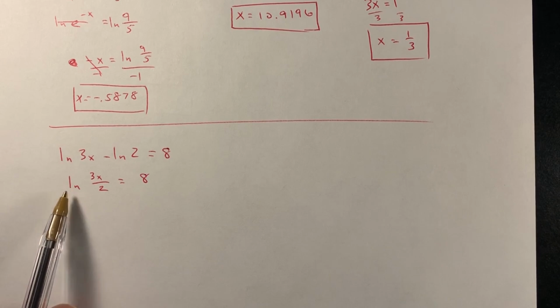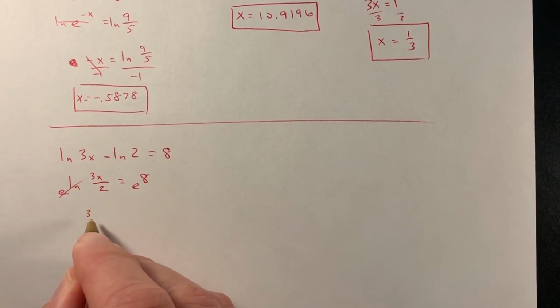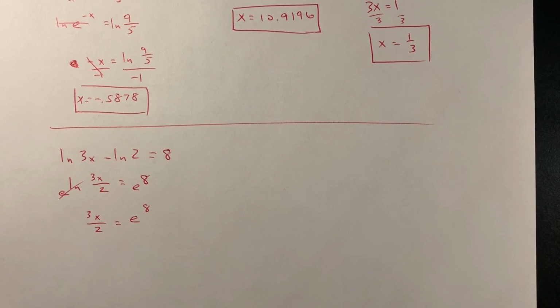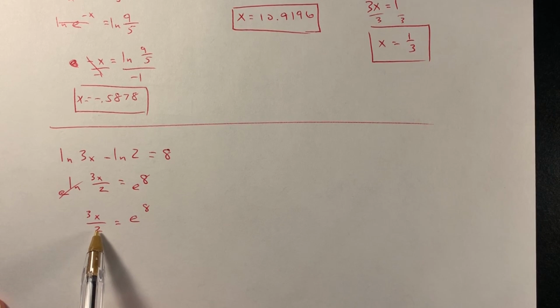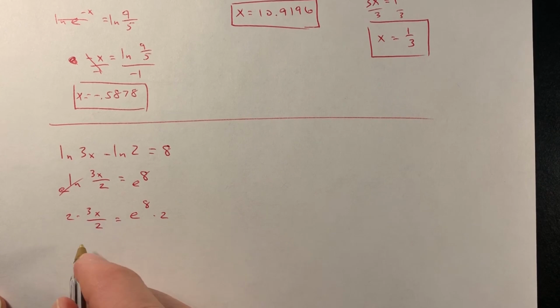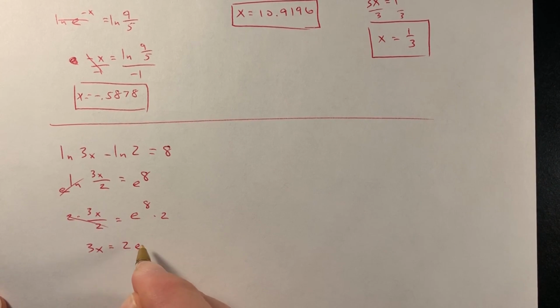To get that natural log out of there, I'm going to do base e on both sides. So I get 3x over 2 equals e to the 8th power. Now I need that 2 gone, so times 2 on both sides. 3x equals 2 times e to the 8th.